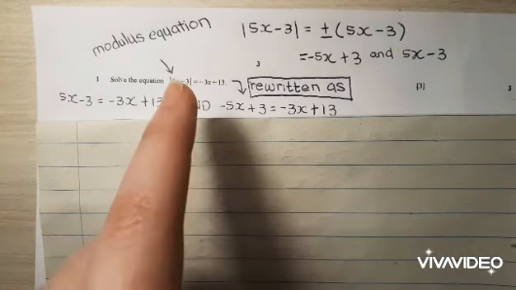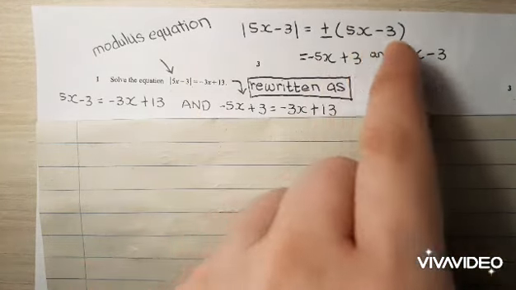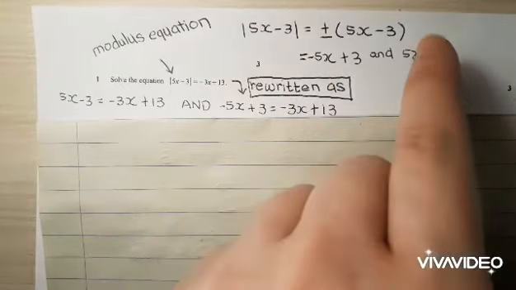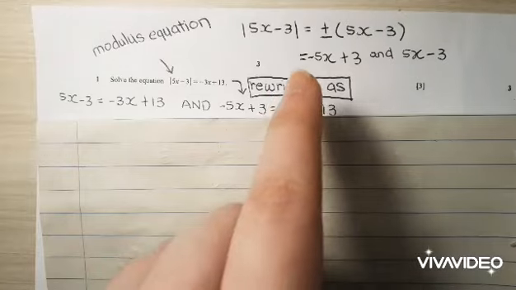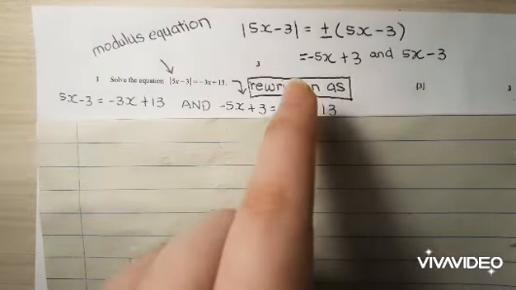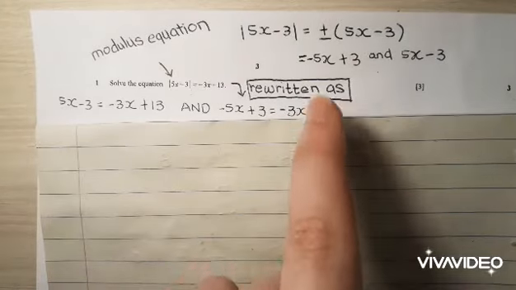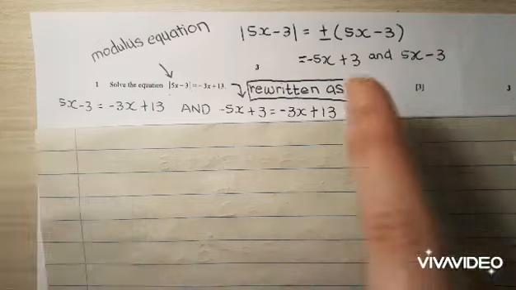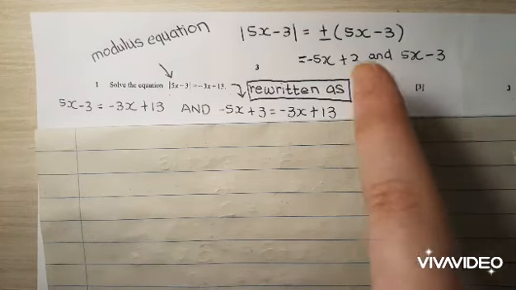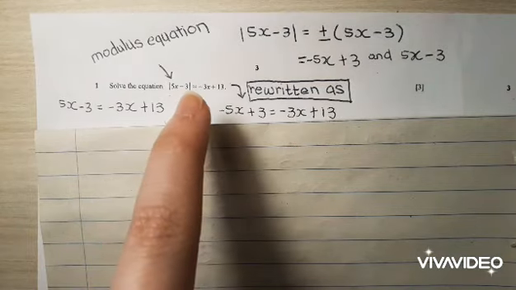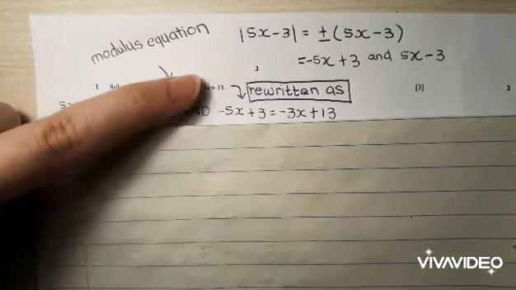So basically the modulus expression here is just a short form of this expression over here, and this expression can be rewritten as these two different expressions. And then the traditional way of solving this question is simply to substitute these two different expressions into here, so you get rid of the modulus part.